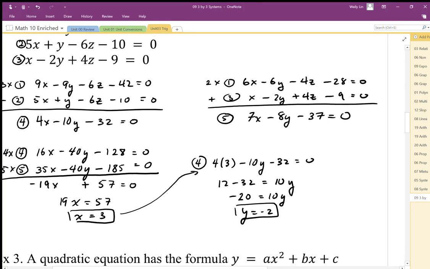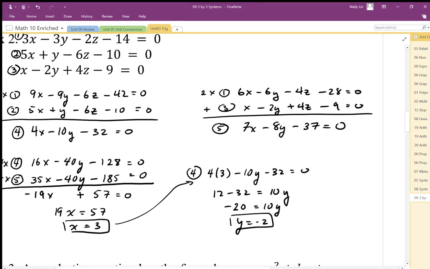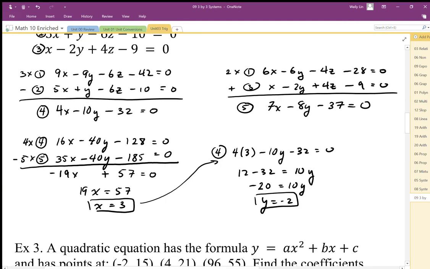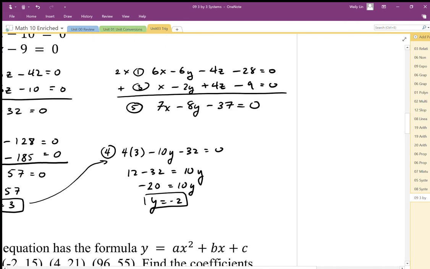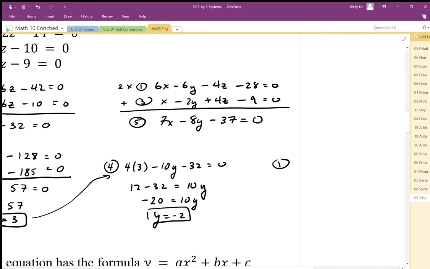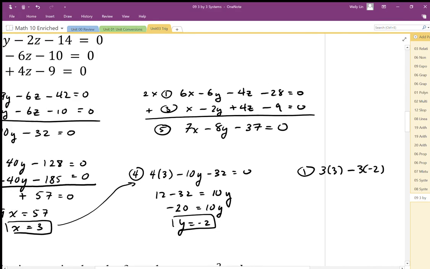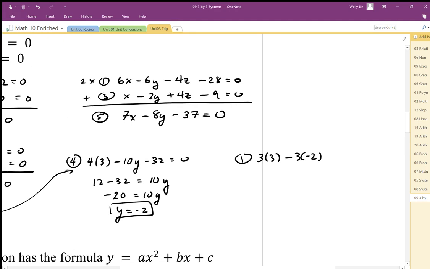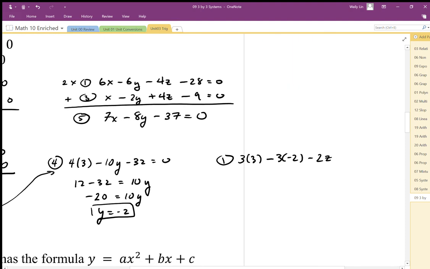So I have my first two variables. I'm going to solve for z. I'm going to plug it back into equation number 1 to solve for z. So equation 1 was 3x minus 3y, so 3 times 3 minus 3 times -2 minus 2z minus 14 equals 0.